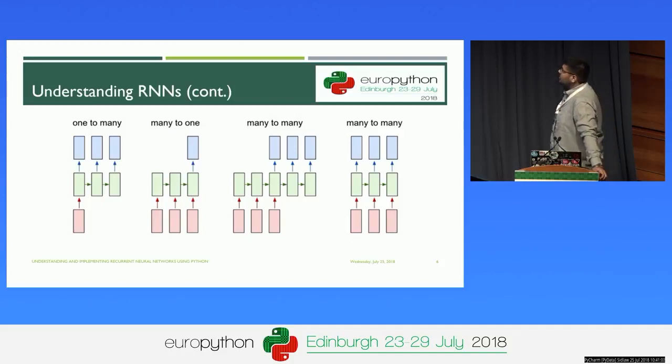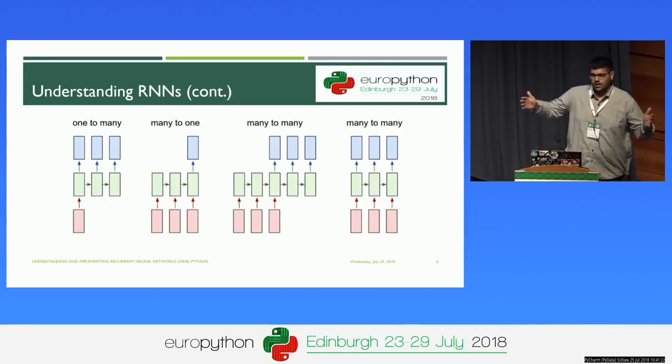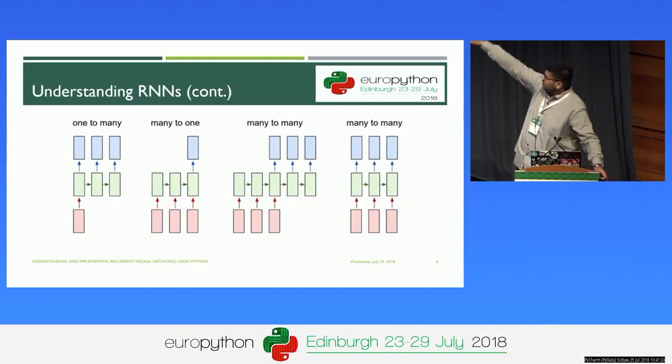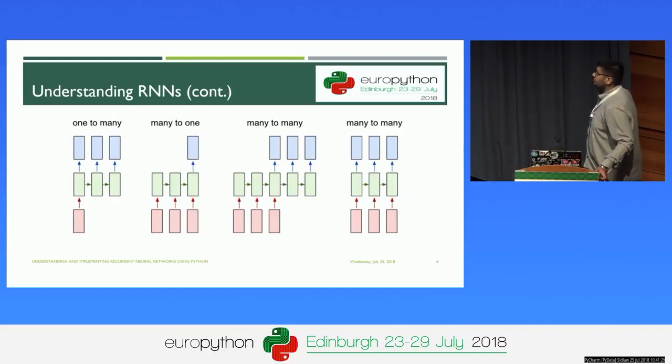RNNs can have many architectures. The first one is one-to-many architecture, in which you provide one input and you can get many outputs. For example, you provide an image and it provides a certain caption. So an image is mapped into a caption of, say, 5 or 6 words. That is the one-to-many transformation of an RNN.